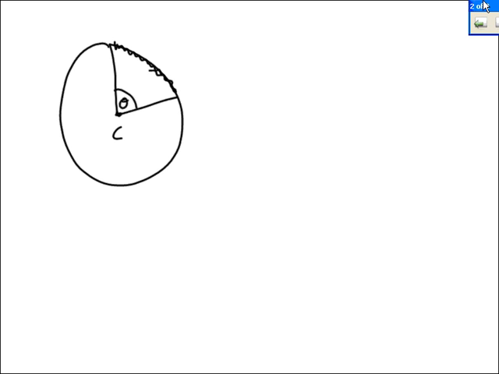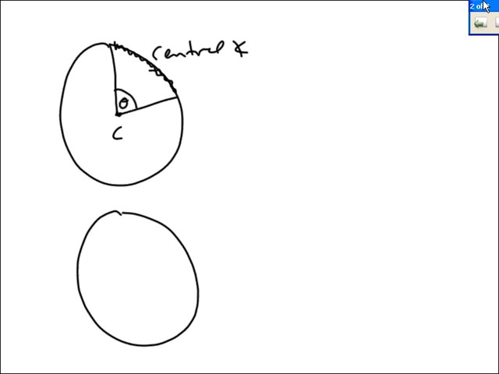That is called the central angle. You have this circle here, and you have an even bigger angle. That's the central angle.